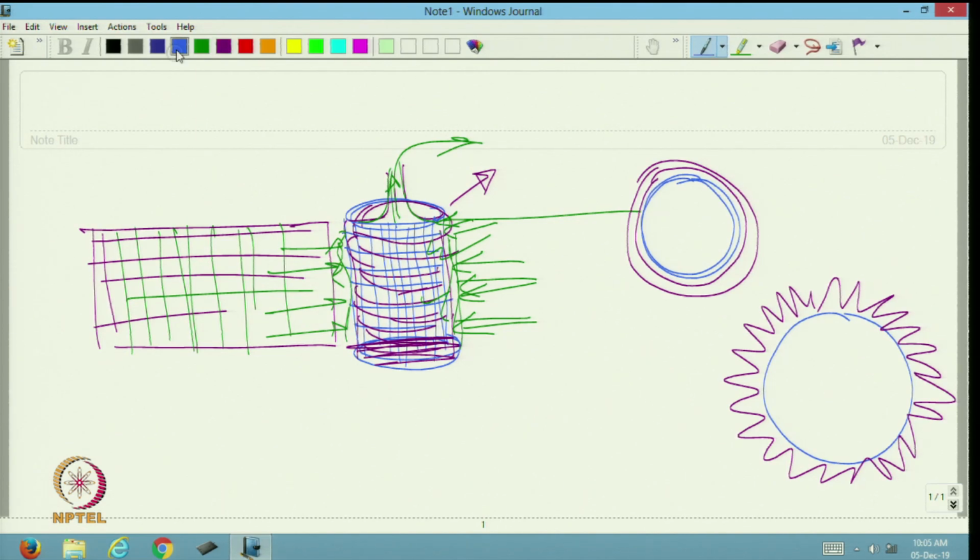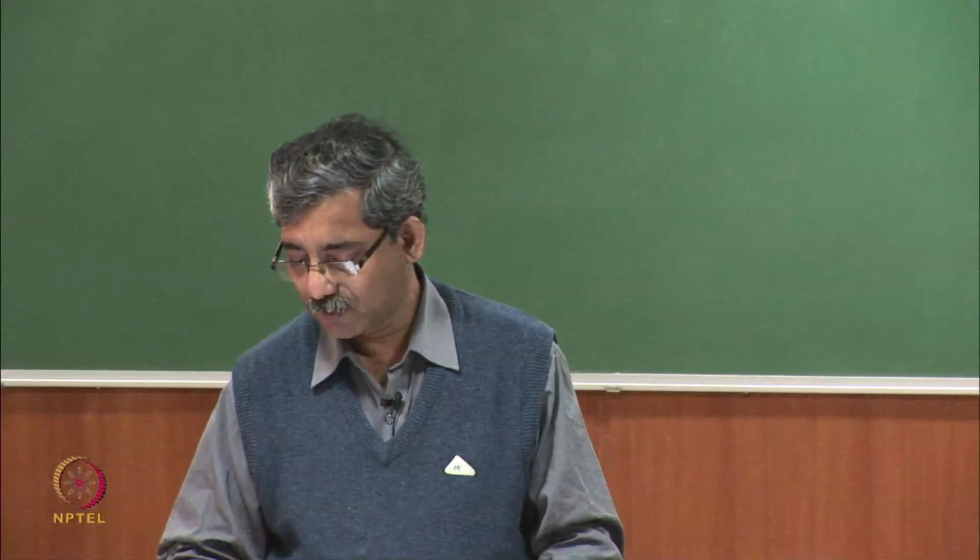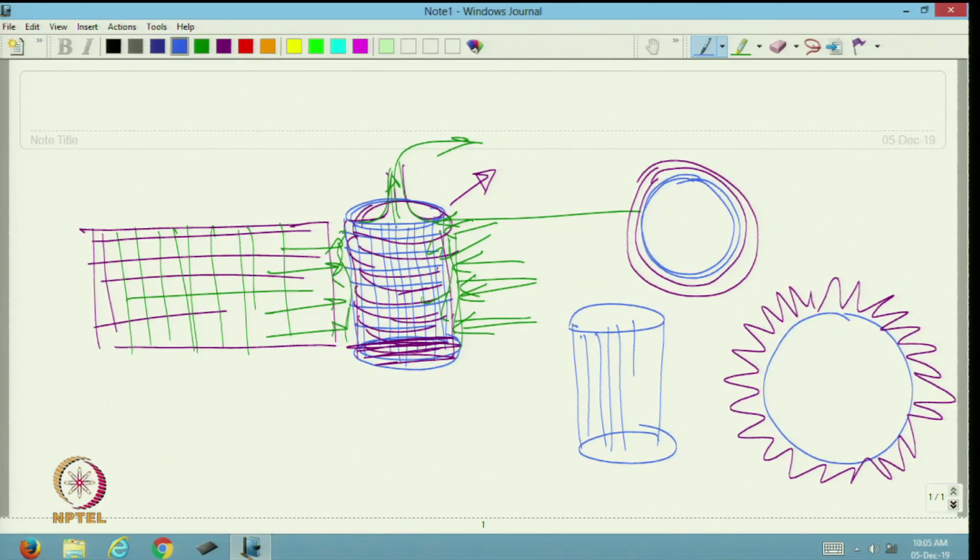Another way to use this cartridge is to wrap coarse yarn or roving around this frame. Suppose this one is roving or coarse yarn.